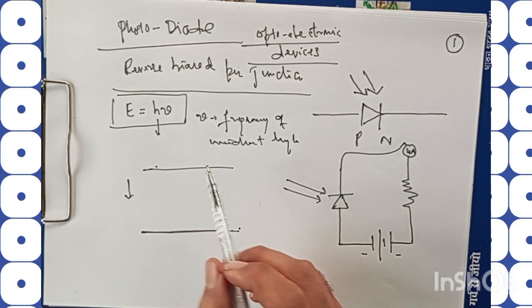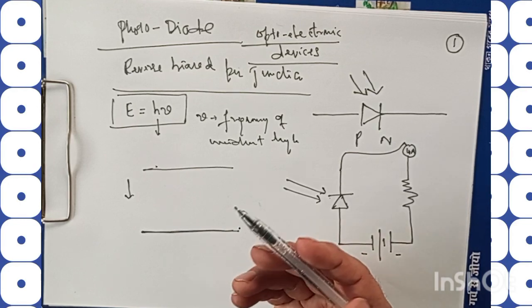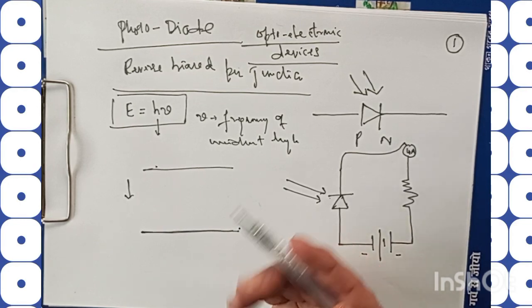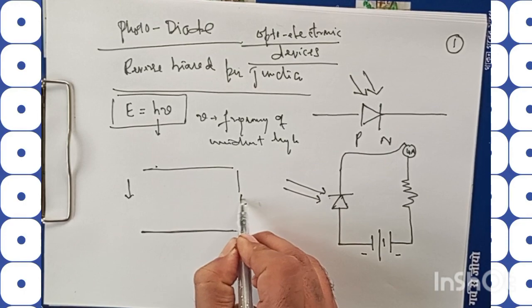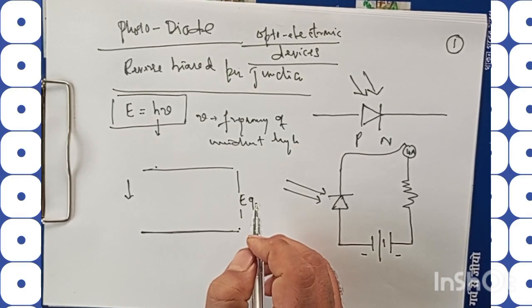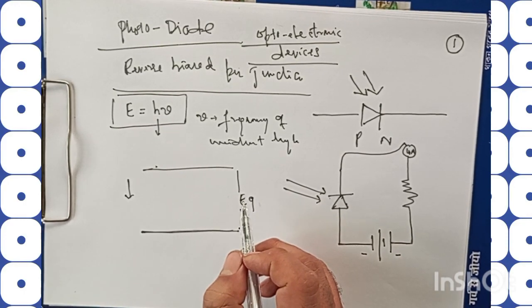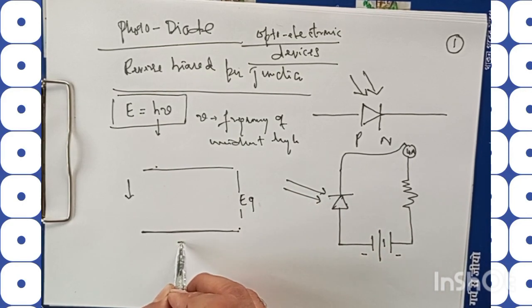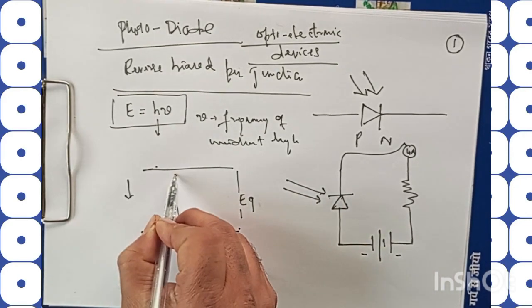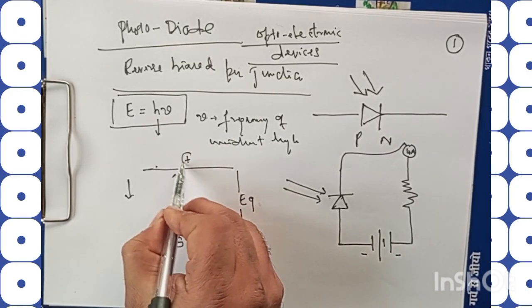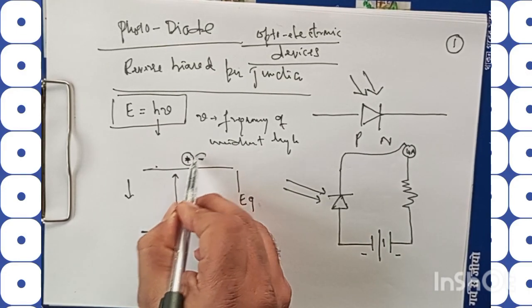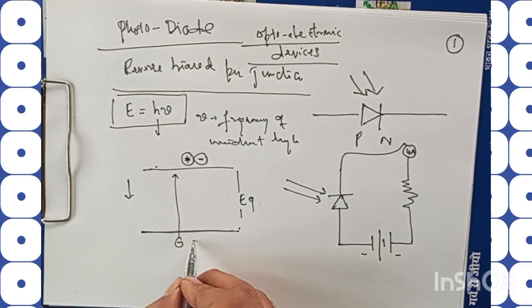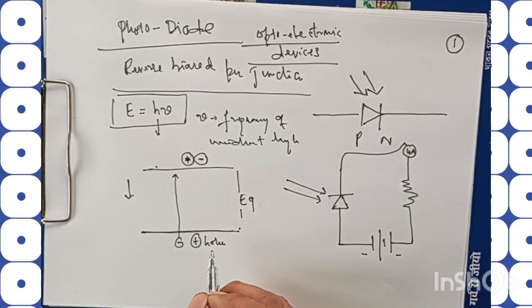So what happens when light of energy more than this energy gap of the semiconductor falls on the photodiode? Suppose we have an electron here, this will be excited to the conduction band. It will leave a hole in the valence band.